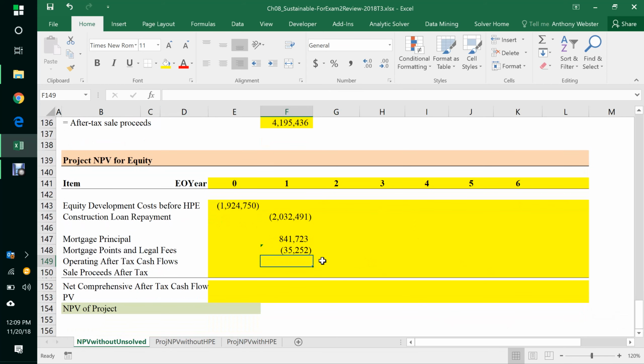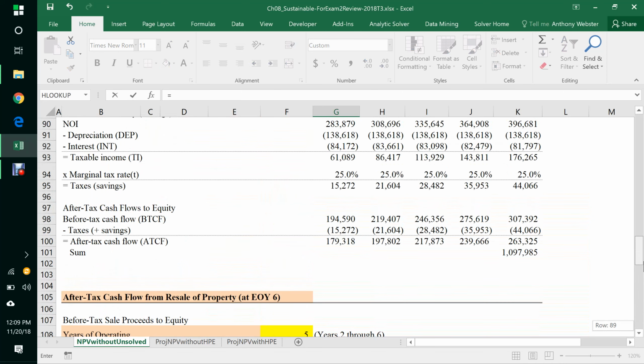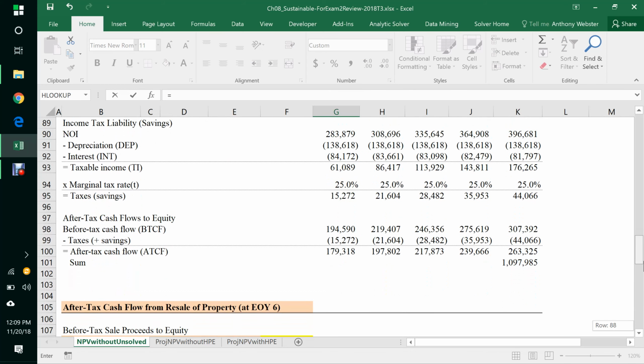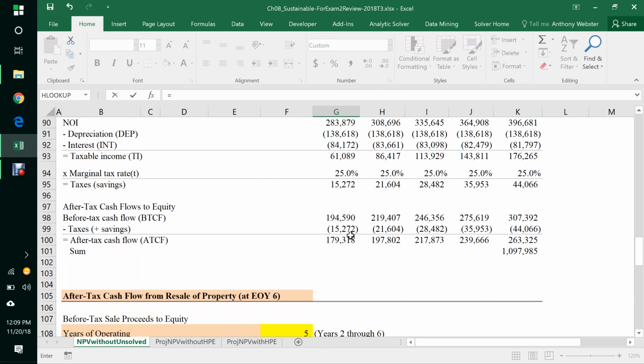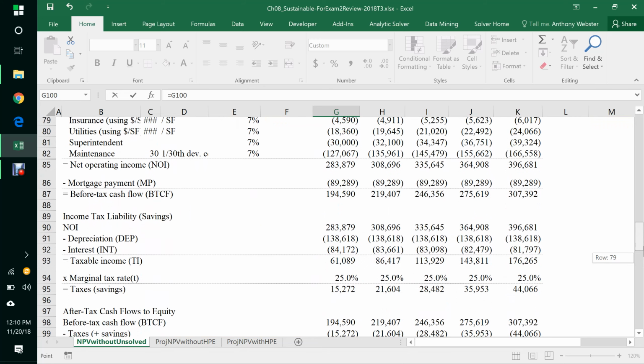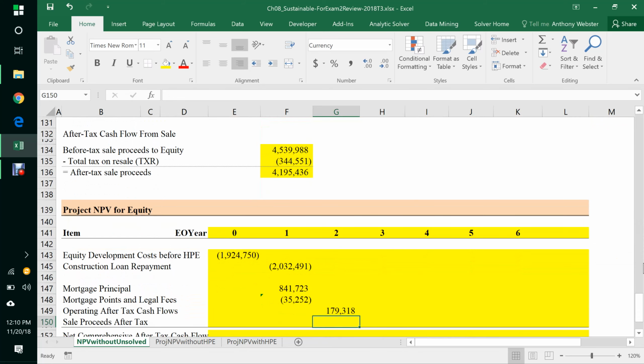Operating after-tax cash flows, we know now they don't start till end of year 2. Let's see, what do we got here? Here we go, our operating after-tax cash flow. I'm just going to double check this is end of year 2, so nothing hokey is going on, and it is, so that's good.